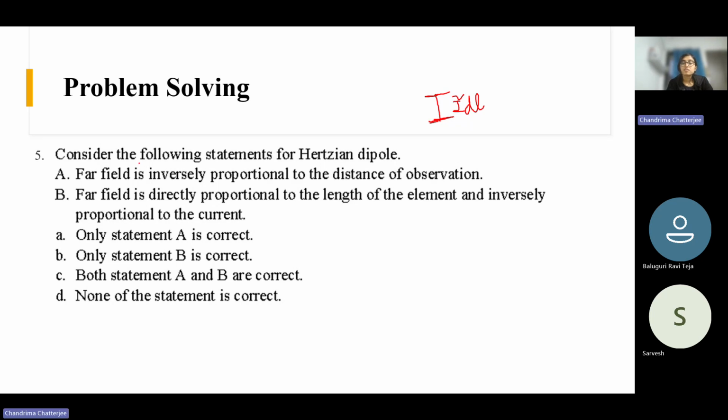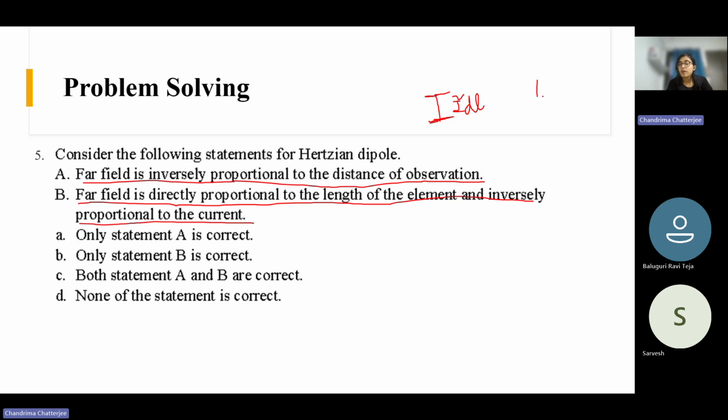So consider the far field. For the Hertzian dipole, what are the statements? Statement A: far field is inversely proportional to the distance of observation. Statement B: far field is directly proportional to the length of the element and inversely proportional to the current. Obviously for any field you know that the field is inversely proportional to the distance.